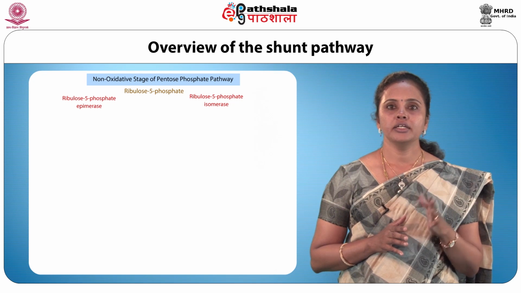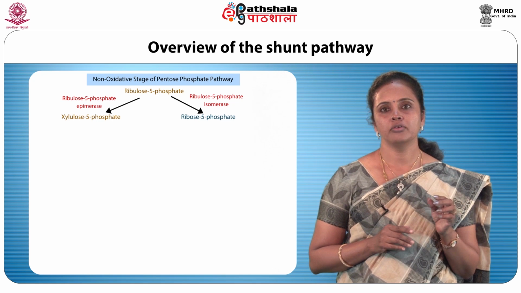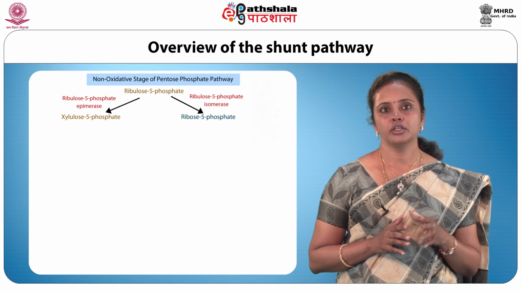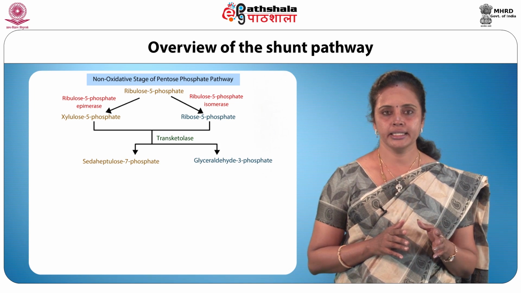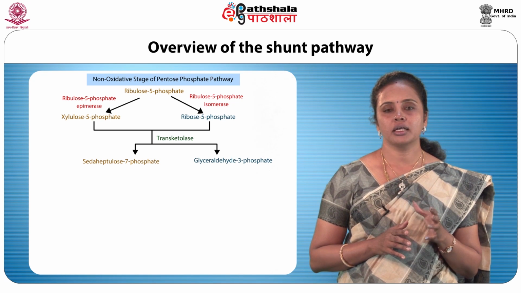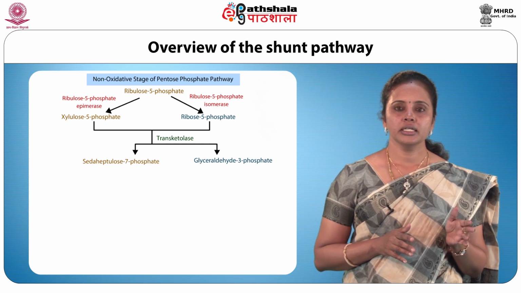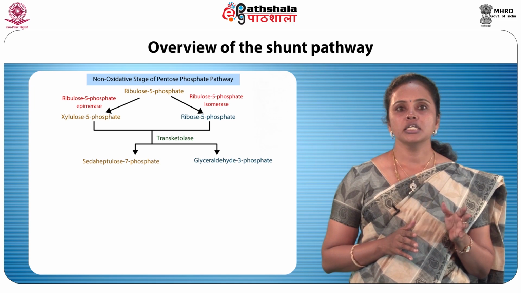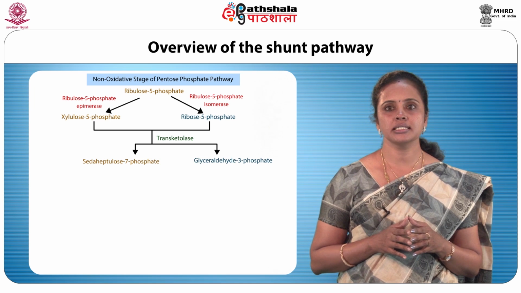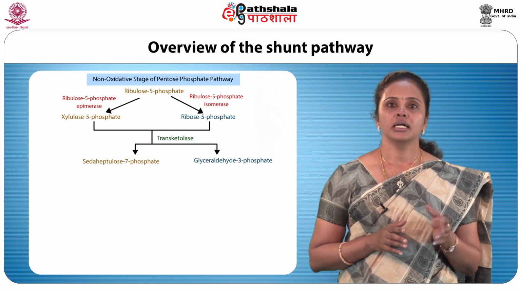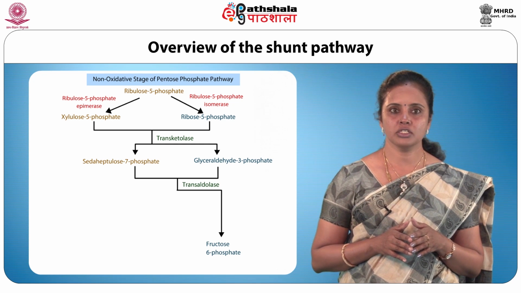Next is a transketolase reaction which transfers a 2 carbon unit with a keto group from the xylulose 5-phosphate to ribose 5-phosphate to form a 3 carbon, that is glyceraldehyde 3-phosphate, and a 7 carbon sugar which is sedoheptulose 7-phosphate. In the next reaction catalyzed by transaldolase, it involves the transfer of a 3 carbon unit from the 7 carbon, that is sedoheptulose 7-phosphate, to glyceraldehyde 3-phosphate to form a 6 carbon, that is fructose 6-phosphate.